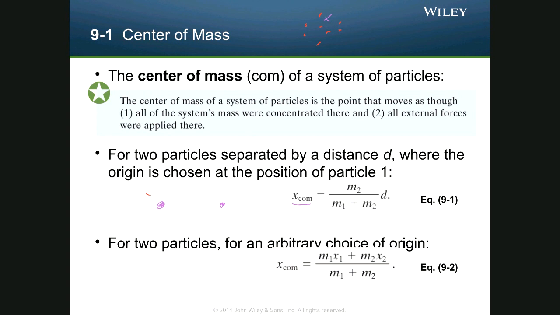So let's make two red points then. These are our two points.